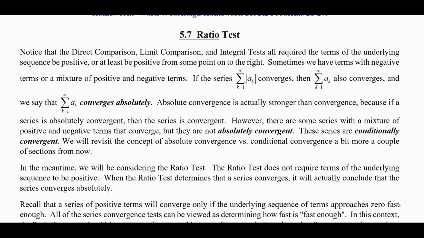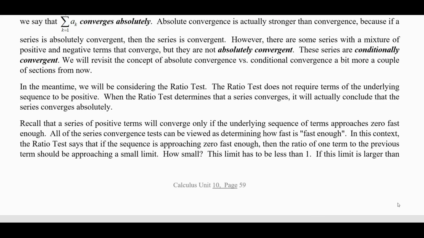So recall that a series of positive terms will converge only if the underlying sequence of terms approaches zero fast enough. All of the series convergence tests can be viewed as determining how fast enough is. In this context, the ratio test says that if the sequence is approaching zero fast enough, then the ratio of one term to the previous term should be approaching a small limit.